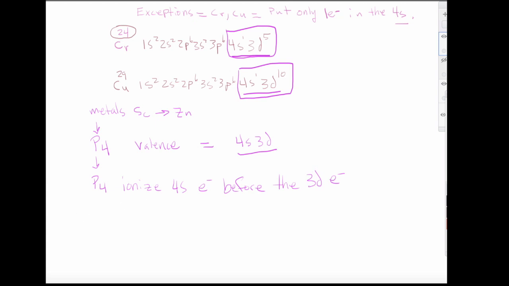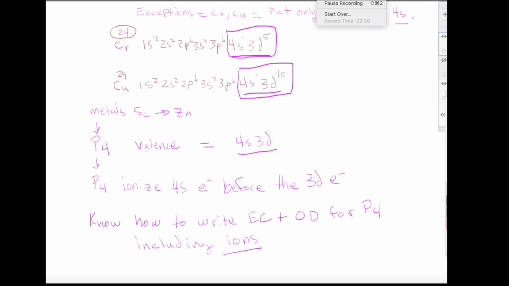And then lastly, make sure that you know how to write the EC and OD for P4, including ions. And really, you need to be able to do this for any element, starting with hydrogen through krypton. Period, period, period. All right, so with that, I'm going to go ahead and conclude the lesson.